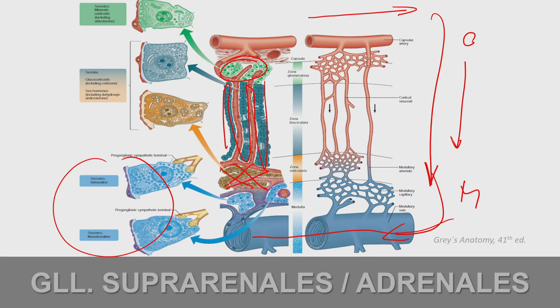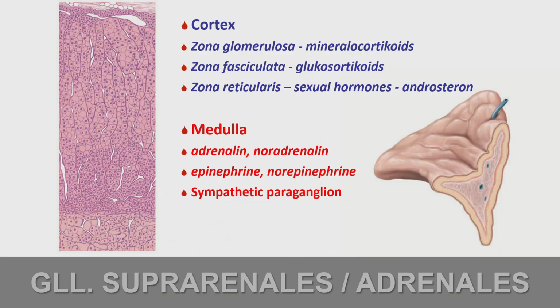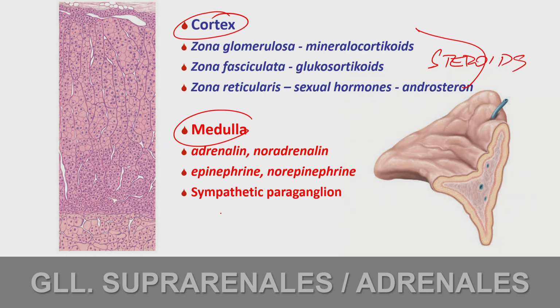You know, epinephrine and norepinephrine and also dopamine. Those are products of this medulla. So, once again, cortex, steroids, and here, catecholamines.